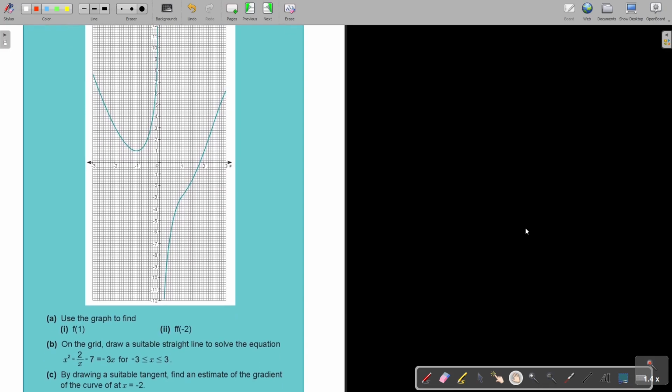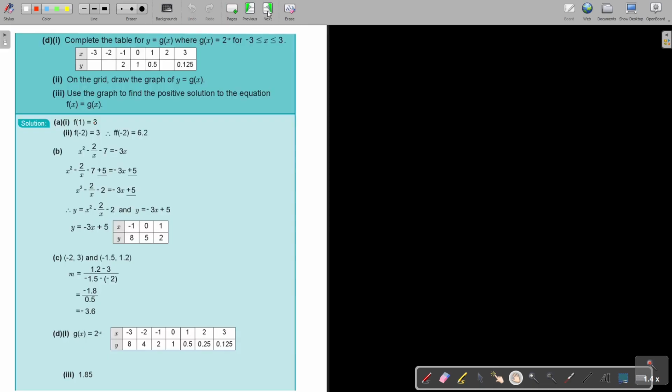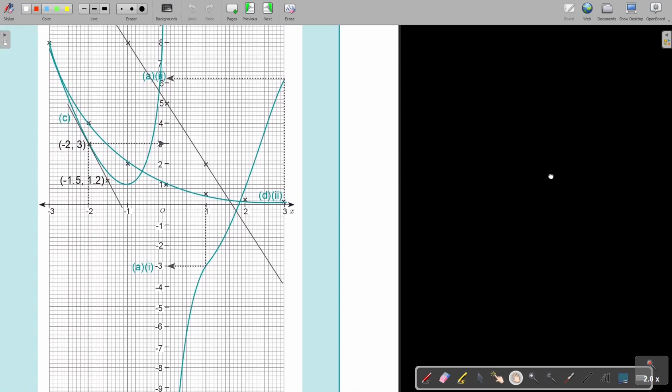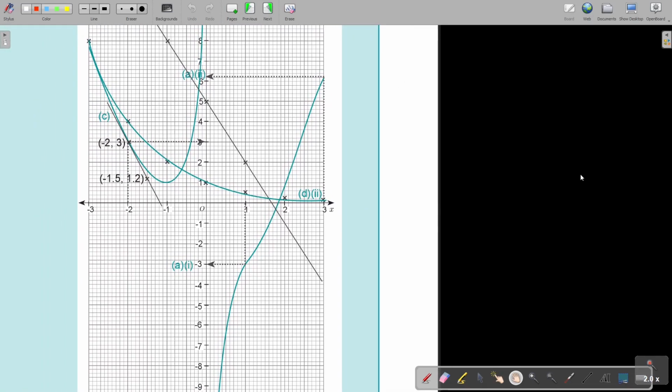This is actually nice. Use your graph to find f(1). Let's go to the graph. I just want to show you there. If I go at f(1), the x value is 1.